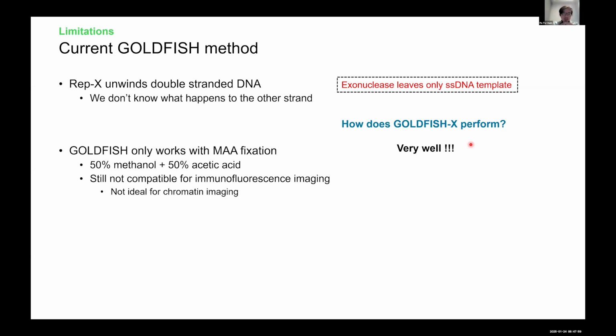In the second part of my talk, I want to address the second problem. Because the use of acetic acid denatures the protein, it prevents immunofluorescence imaging. So can we simply replace the methanol-based fixation with formaldehyde fixation, because formaldehyde fixation is mostly used in immunofluorescence imaging?